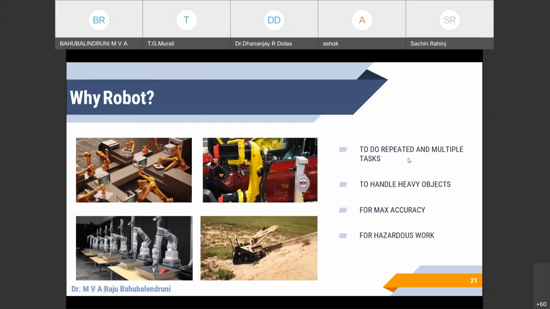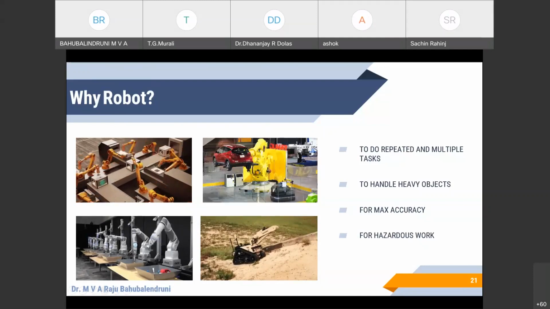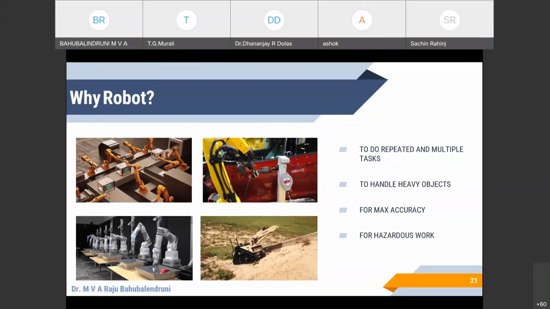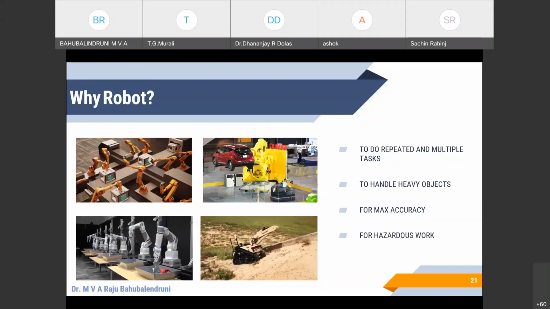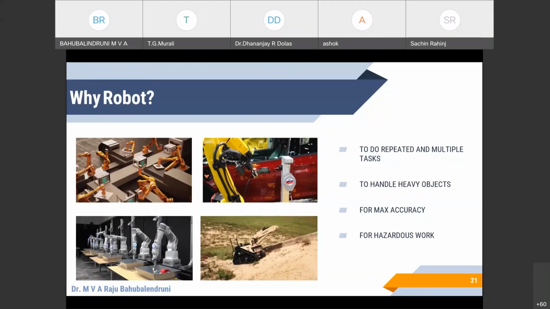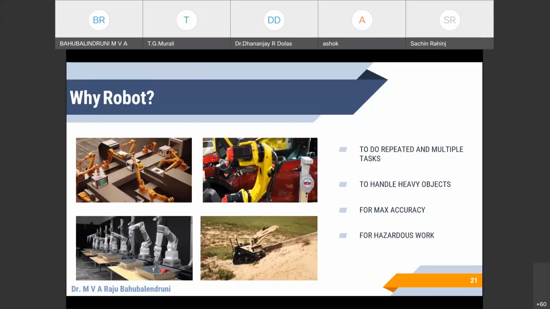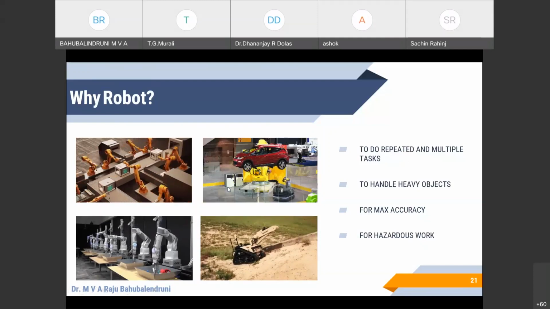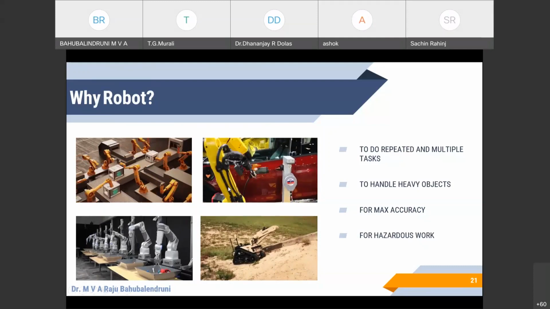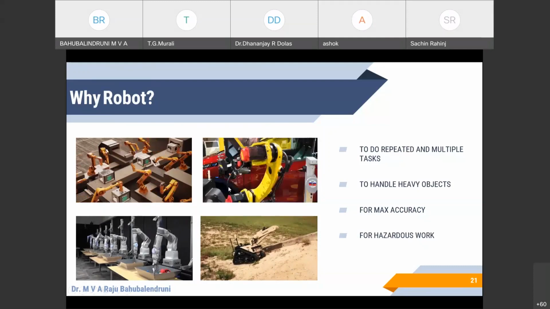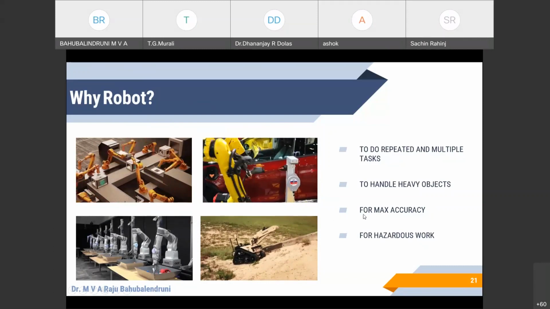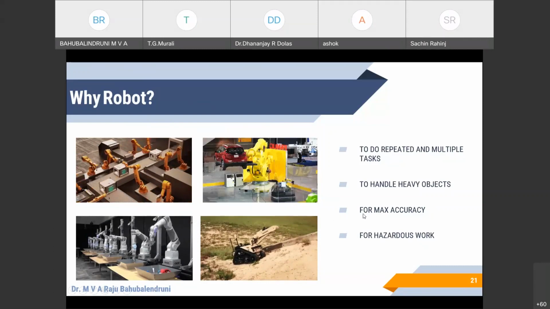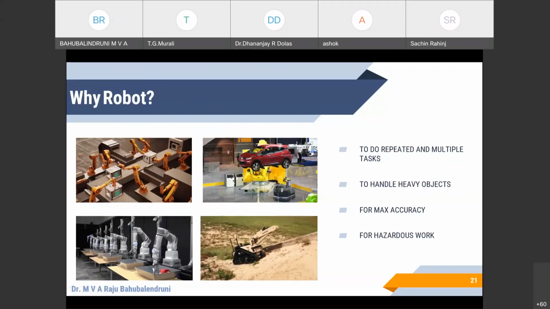If we do repetitive tasks, we tend to get fatigued, or our musculoskeletal system doesn't allow us to do it repeatedly. There, ergonomics plays a significant role, which can be avoided by replacing the human with a robot. And of course, the same goes for heavier objects. The accuracy of a robot is obviously high, with appropriate control systems associated with it.